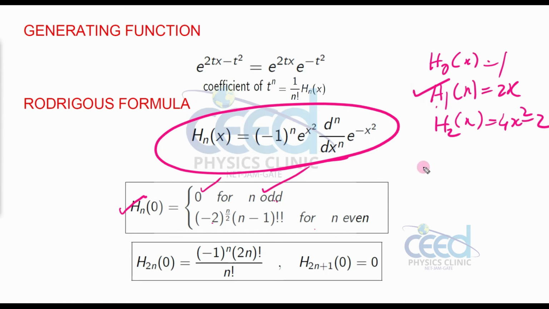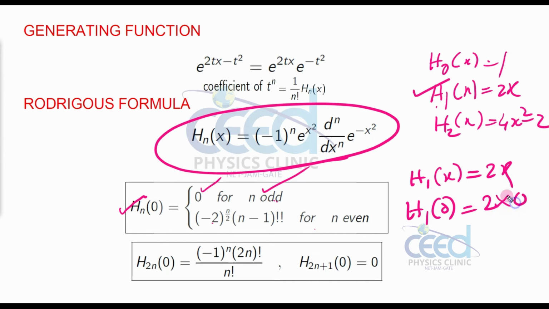Let me check. h1 of x is equal to 2x, so h1 of 0 is 2 into 0, that is 0. So if n is odd, the function value will be equal to 0.